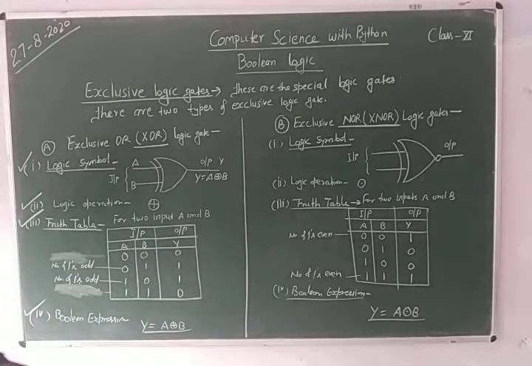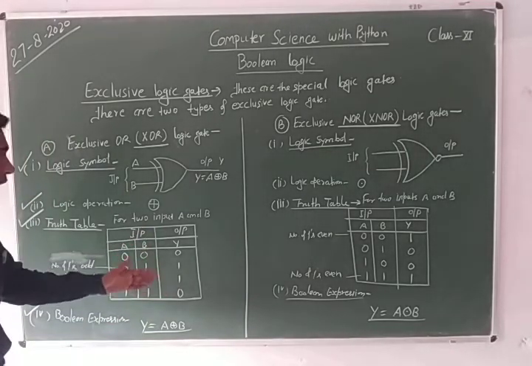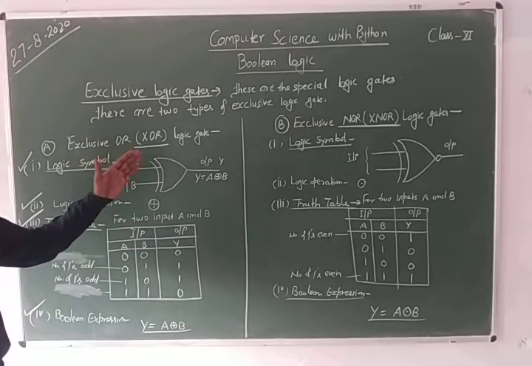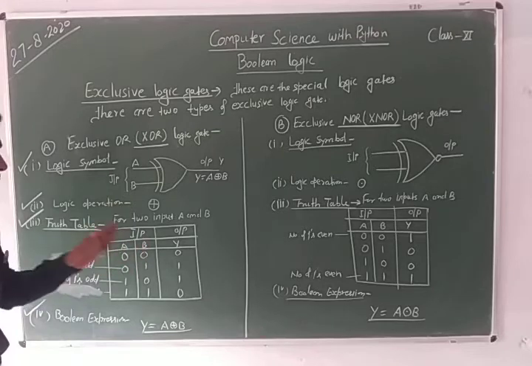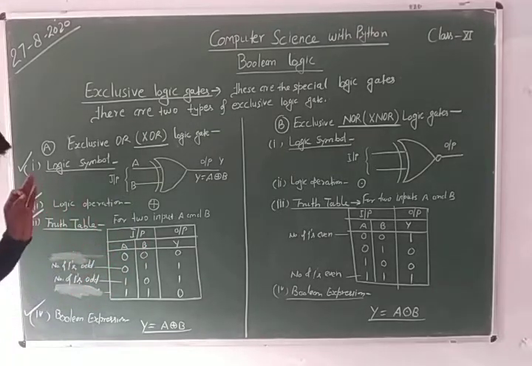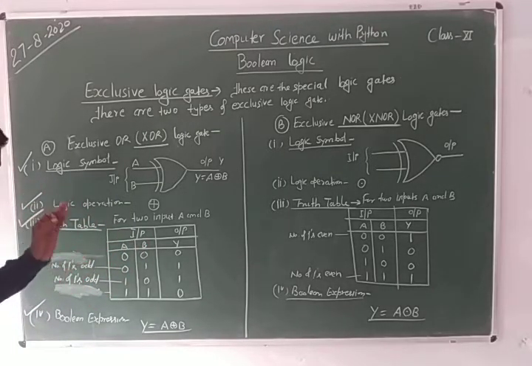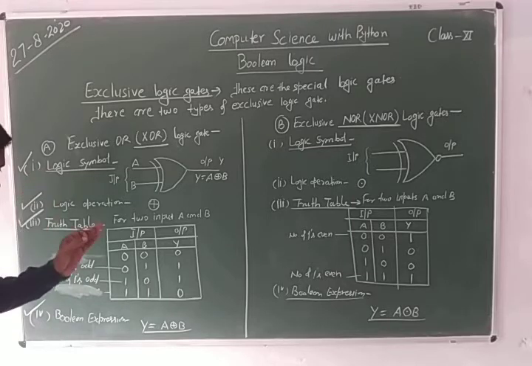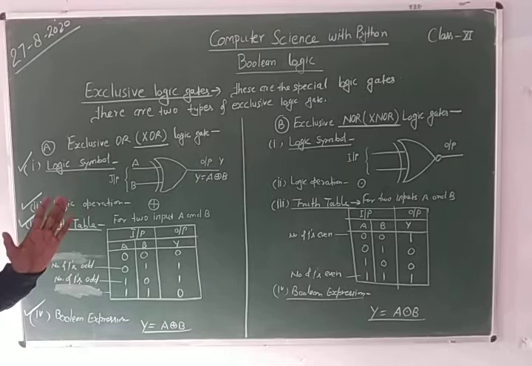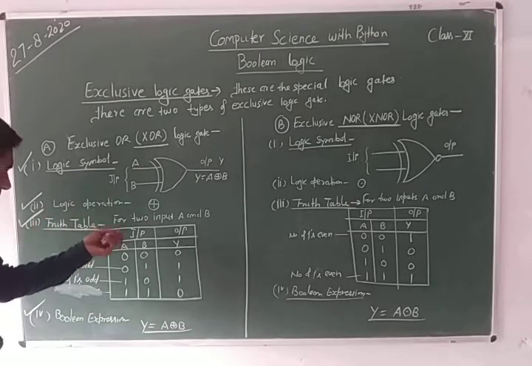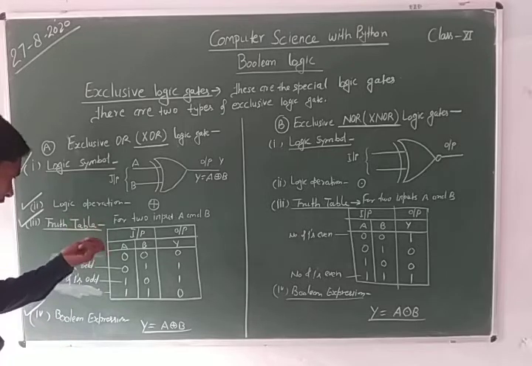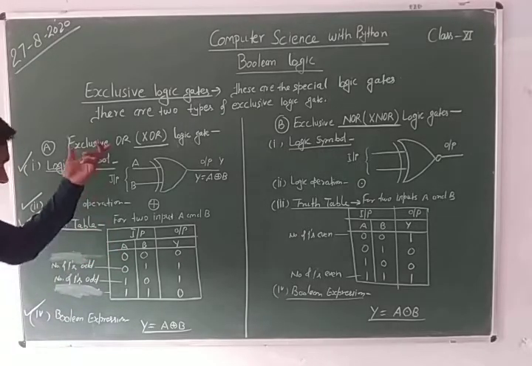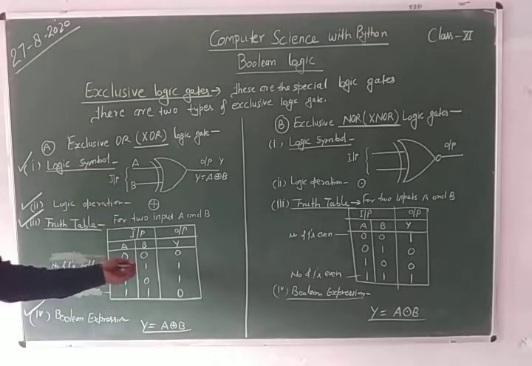Now let us see the output of the XOR logic gate. The XOR logic gate produces output 1 when the number of ones is odd in its input combination. Means if in its input combination there is an odd number of ones, then this gate will produce output 1.